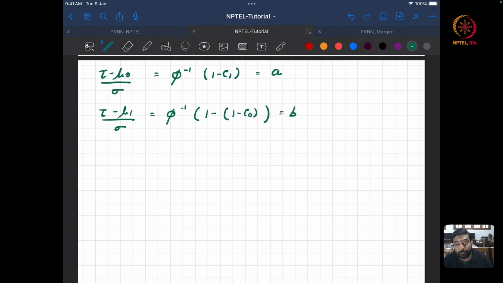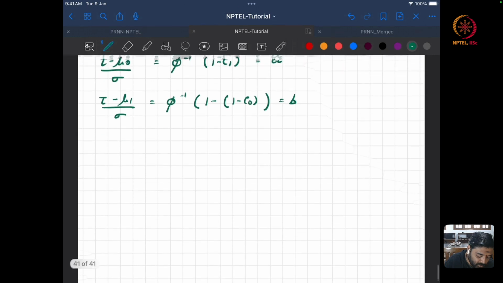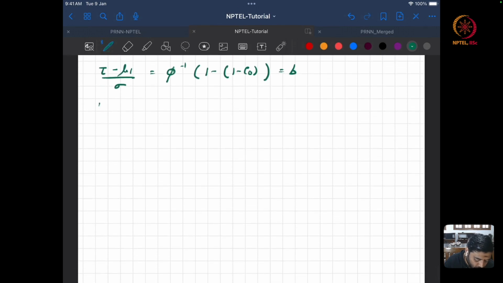Let's call it B. Okay, so then comes the interesting thing. If I take the modulus of A minus B, this is mu1 minus mu naught divided by sigma, and you see this is called the discriminator, which is not dependent on tau.